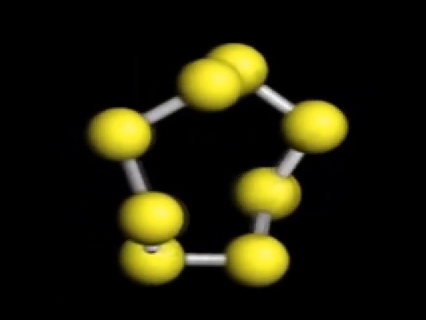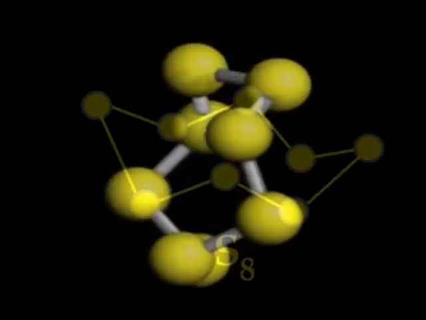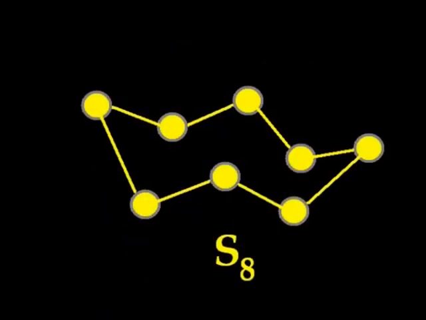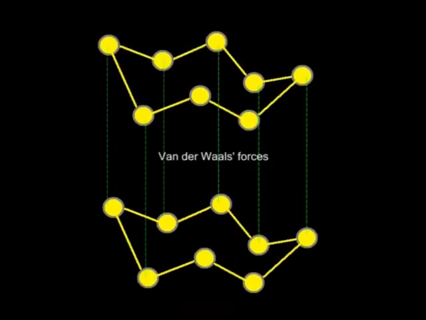The atoms are linked by strong covalent bonds forming an S8 molecule. Individual molecules are linked to one another by weak intermolecular forces such as van der Waals forces. The molecules are packed regularly, forming crystals, and are present in both rhombic and monoclinic crystals.